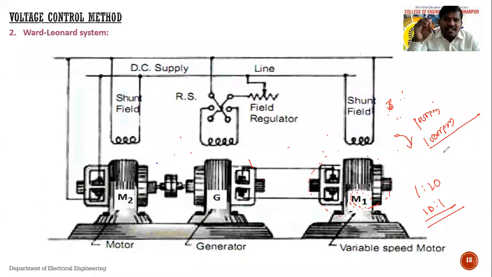At that situation, if I want to control the speed of the motor in the range of 1:10 or 10:1, म्हणजे suppose the rated speed of the motor is 1000 revolutions per minute, or consider the rated speed is 5000 revolutions per minute, right?